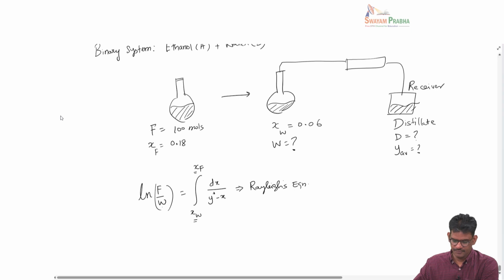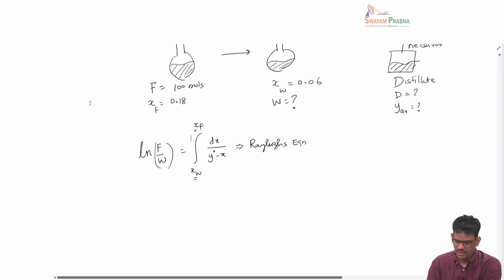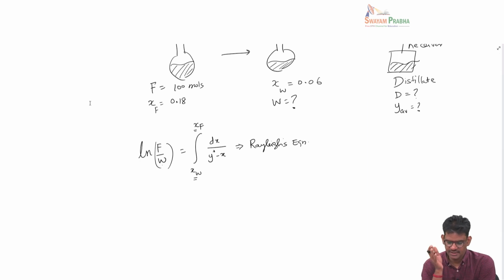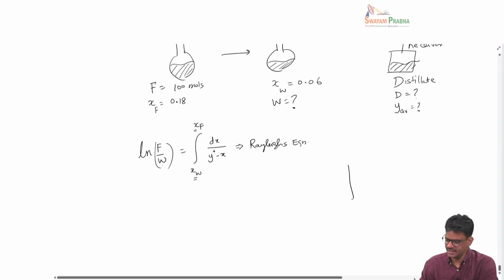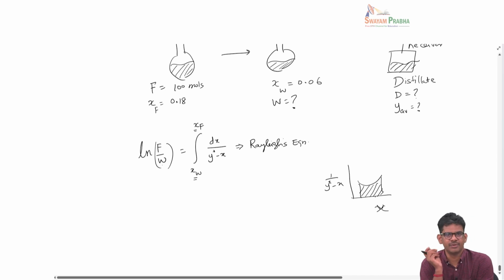So if I know the VLE data, I can actually find y star minus x and then plot 1 by (y star minus x) versus x. So we basically need a plot of 1 by (y star minus x) versus x, and then you integrate this in the limit of XW to XF.